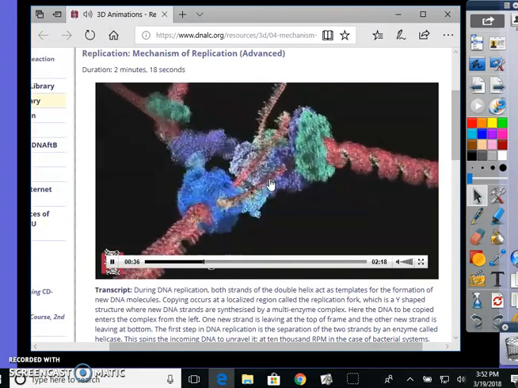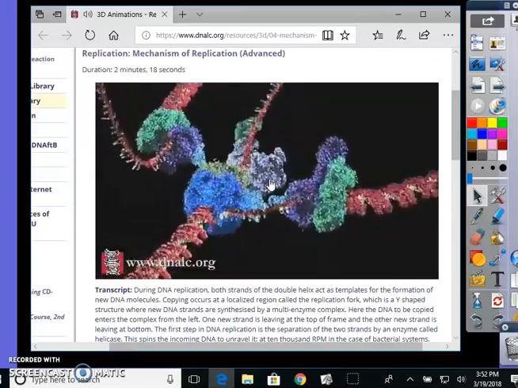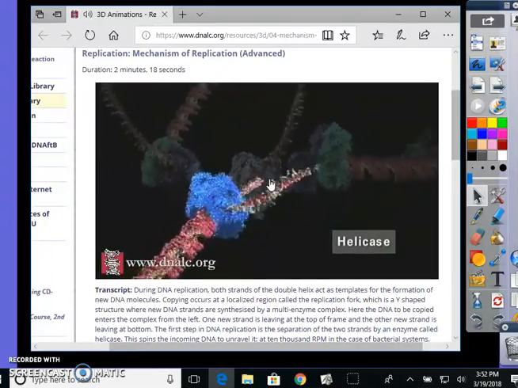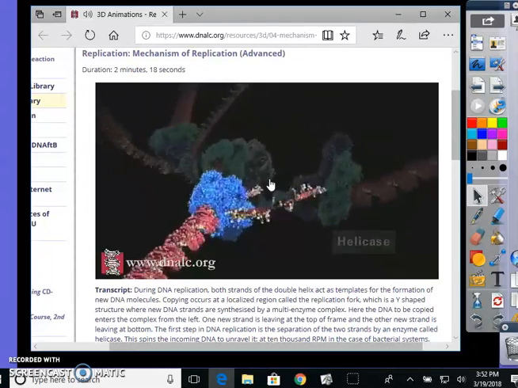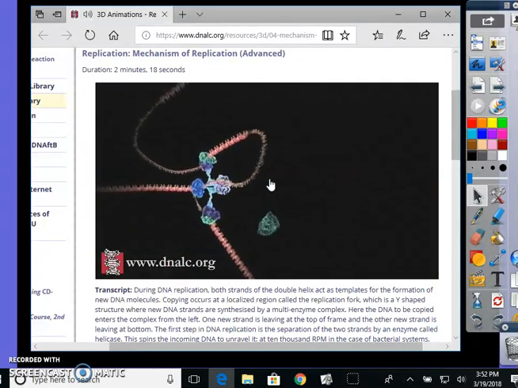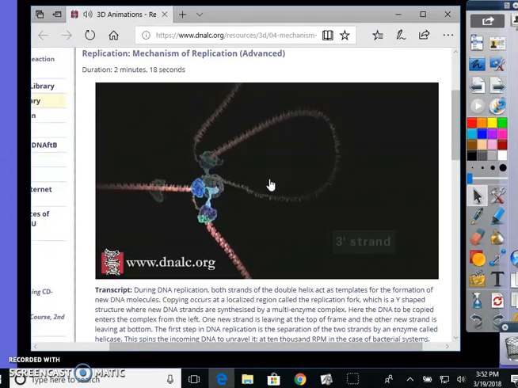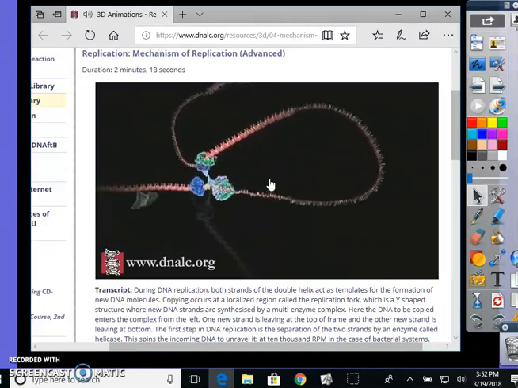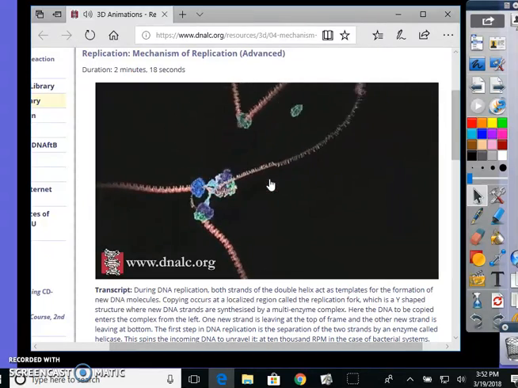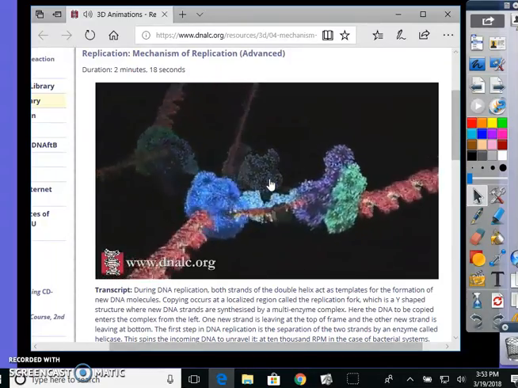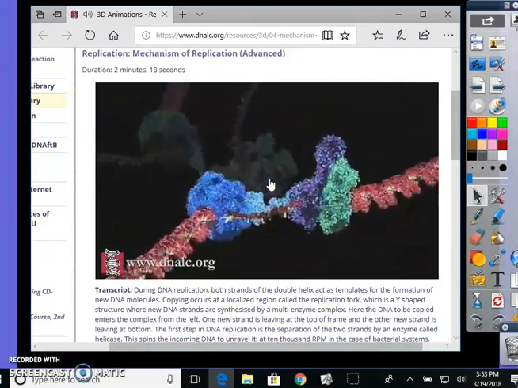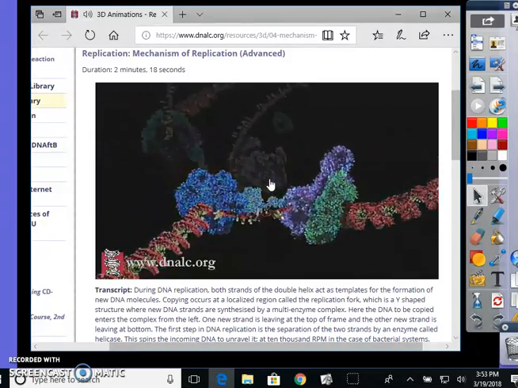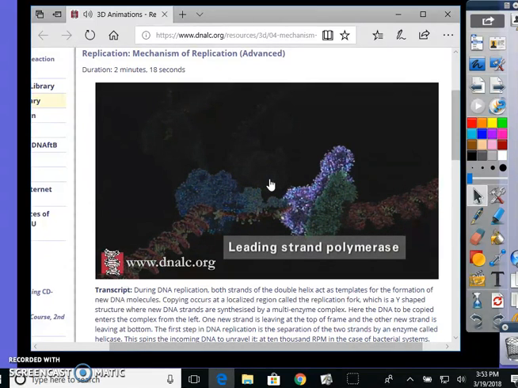The first step in DNA replication is the separation of the two strands by an enzyme called helicase. This spins the incoming DNA to unravel it at 10,000 RPM in the case of bacterial systems. The separated strands are called 3' and 5', distinguished by the direction in which their component nucleotides join up. The 3' DNA strand, also known as the leading strand, is diverted to a DNA polymerase and is used as a continuous template for the synthesis of the first daughter DNA helix.